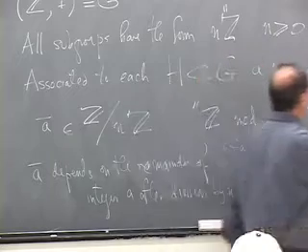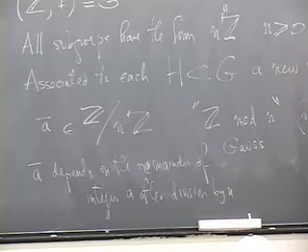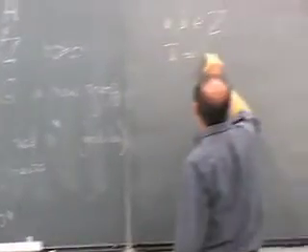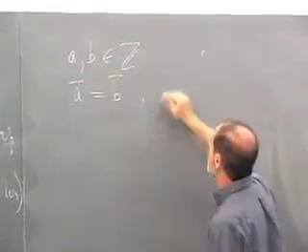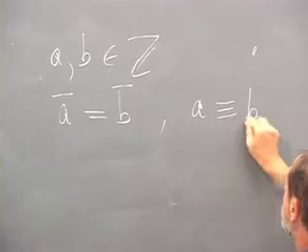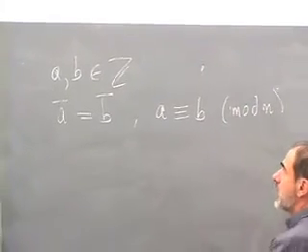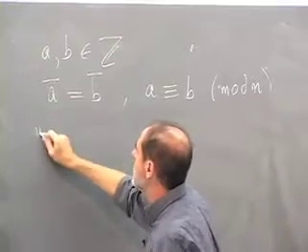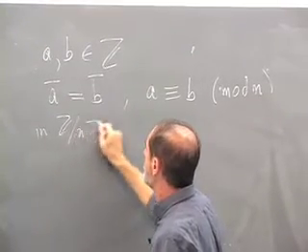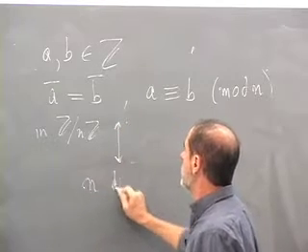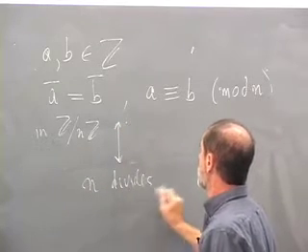So in particular, if a and b are integers, we have a bar equal to b bar, or as Gauss would write it, a congruent to b mod n. That's Gauss's notation. We'd say a bar is equal to b bar in the group Z mod NZ if and only if n divides a minus b.